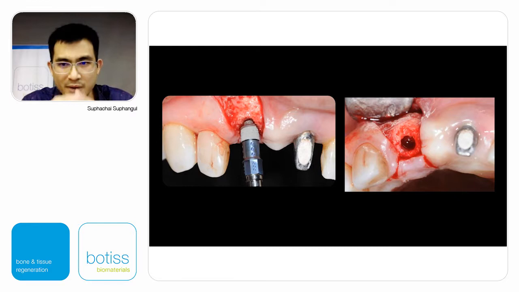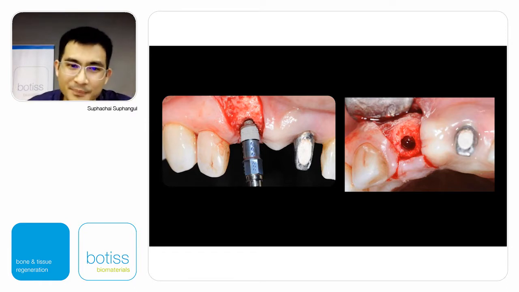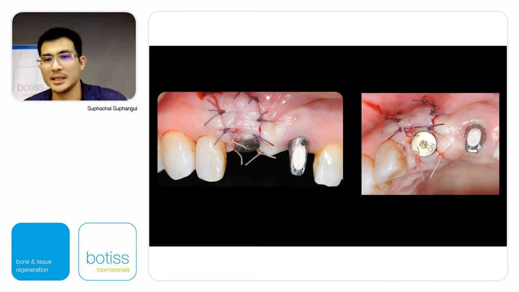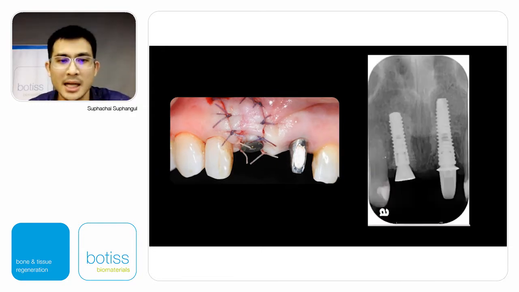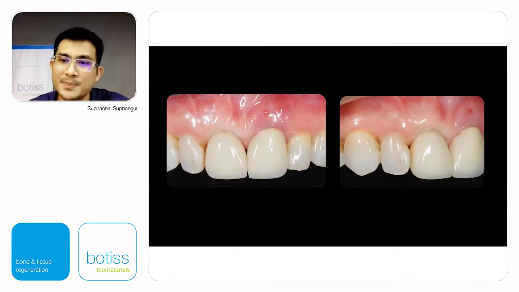If you drill and have no bleeding from the area, you should be more concerned about the regeneration of the bone in that area. Here I placed the implant and the healing abutment, took the X-ray after, and then we did the final prosthesis for this patient.